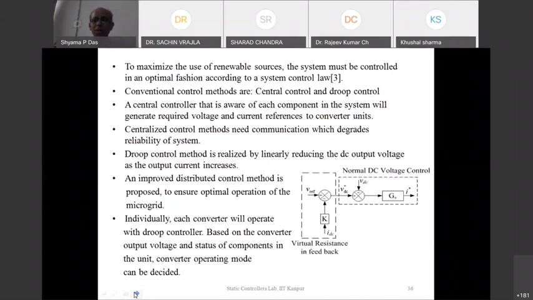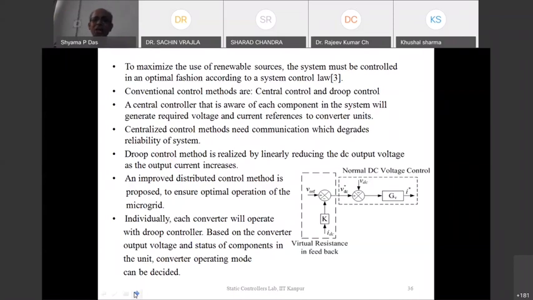So for the three different voltage sources, for each voltage source, we use a droop control method. It means we have a fictitious resistance here, K, which is multiplied with the corresponding current drawn from that DC source to decide VDC star. So if we are drawing more and more load from the battery, the battery reference will gradually decrease.